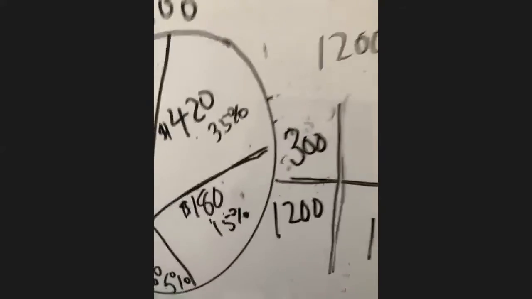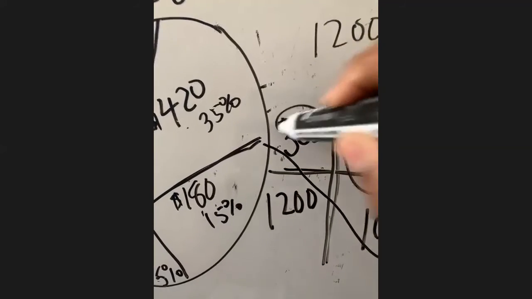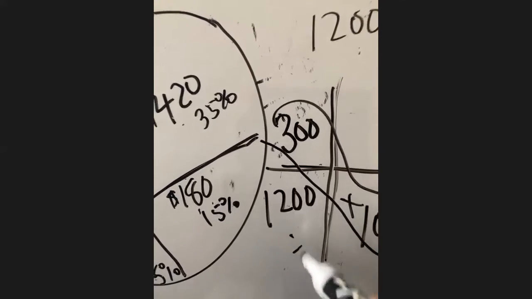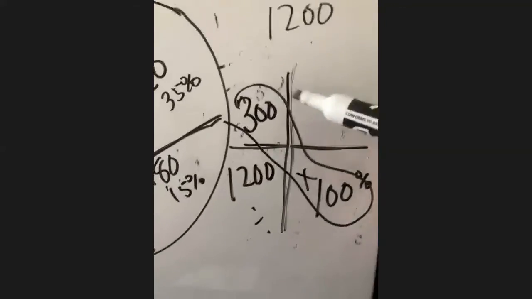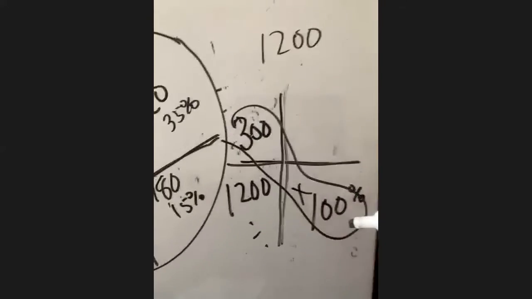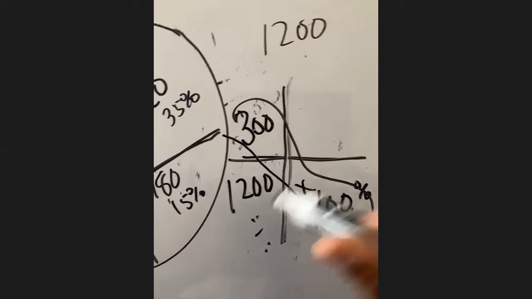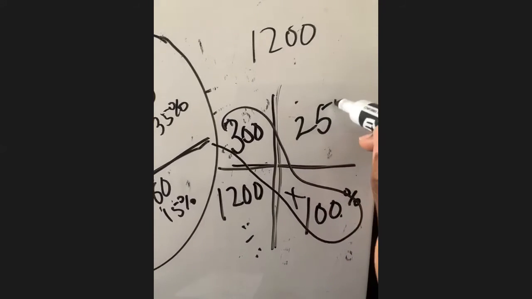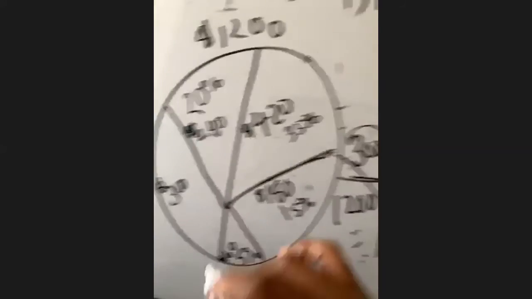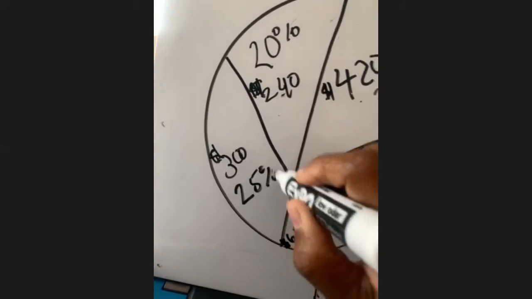And then we talked about doing the math, multiplying here, and then dividing by here. Now, when you do the math, for time's sake, we're going to take 300 times 100, and then we'll divide it by 1,200, and then that will give us 25%, which is 25% left here, right?